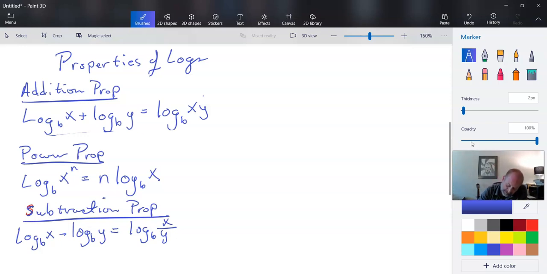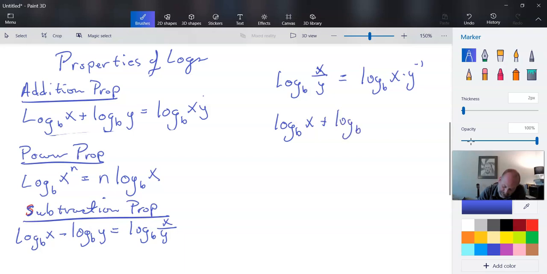And it basically works like this, right? If I have log base b of x over y, we can prove this in the reverse order. This is the same thing as log base b of x times y to the negative 1, right? Remember, negative 1 means to divide. Well, now we can use the addition rule to split this up: log base b of x plus log base b of y to the negative 1.